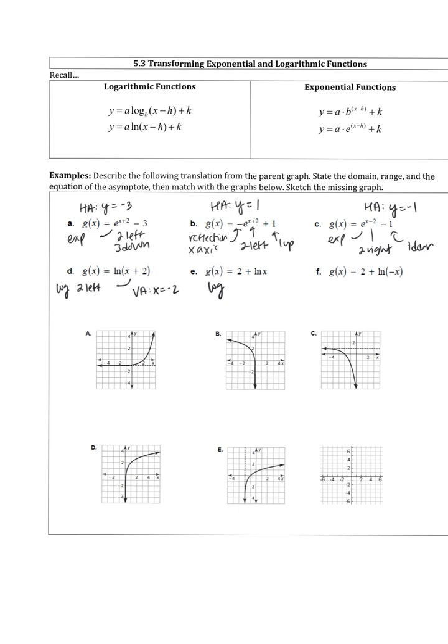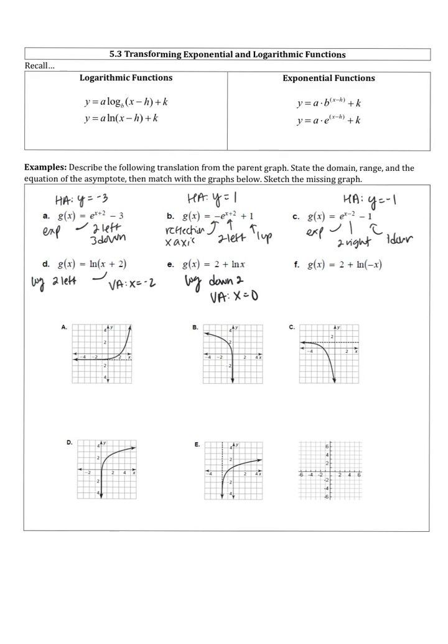This is going to be a shift down 2 with a vertical asymptote of x equals 0. And F, last but not least, I notice that we have a reflection in the y-axis. Okay, again, it's the log function. I see we've got movement up 2. And again, that vertical asymptote is going to be at x equals 0.